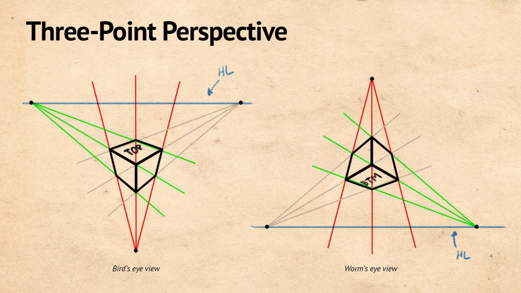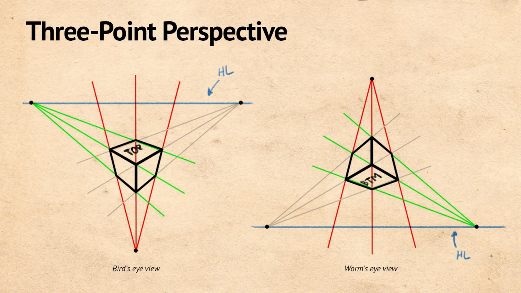This effect is most prominent when we are looking upwards on a building from the ground level, or when we are looking downwards onto the cityscape from an aeroplane. Note that there are no parallel lines in a 3-point perspective drawing.